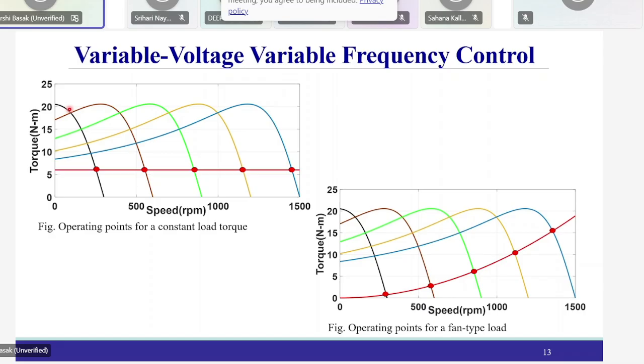So the drawback of this method, which is called voltage versus frequency, or variable voltage, variable frequency, and also called scalar control, is the stator resistance compensation.